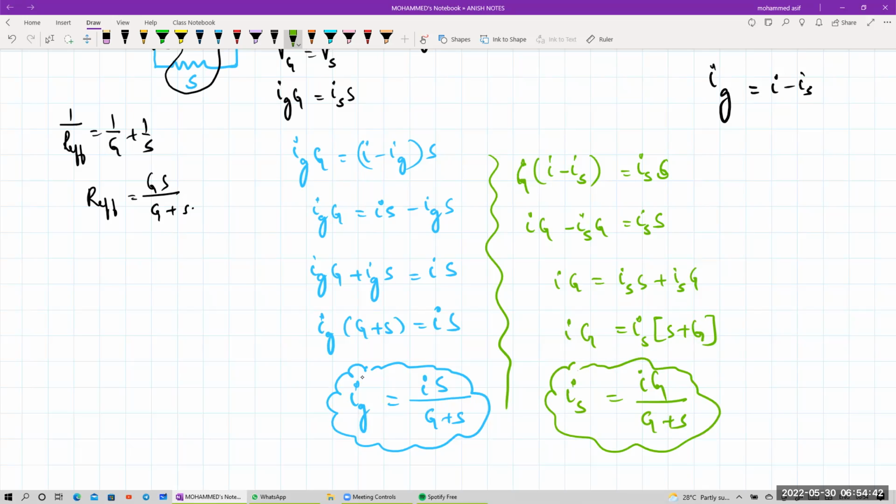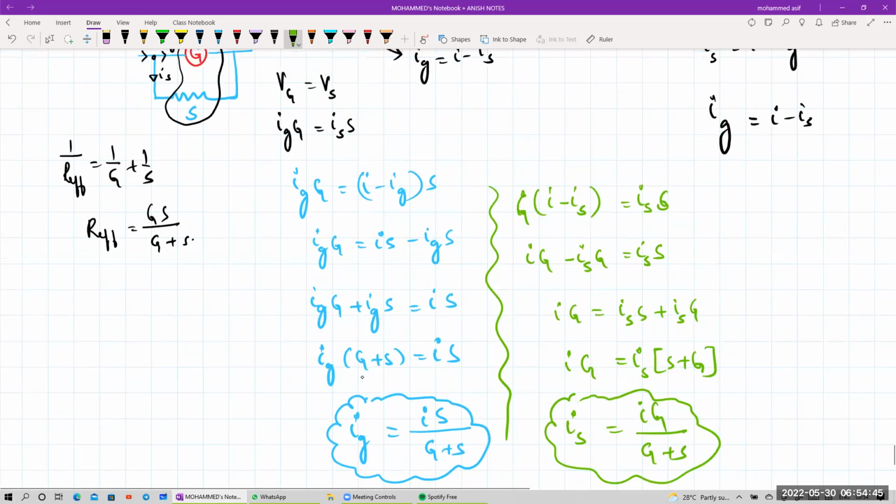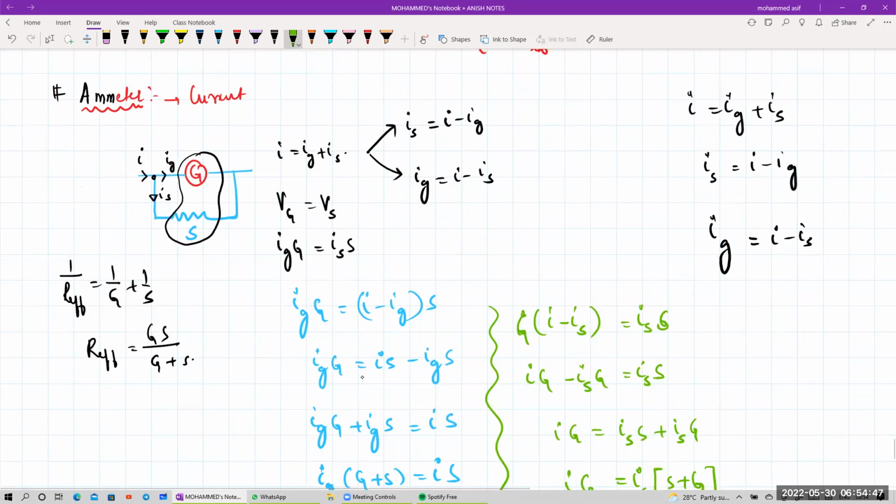So what is the idea? Whenever a galvanometer is to be converted into an ammeter, in which combination should the ammeter always be connected? Series combination. To measure the current, we always connect the ammeter in series combination. This whole instrument is called an ammeter.